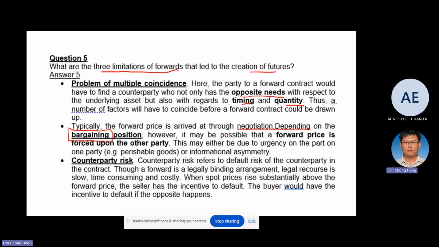You will think the price benefits the counterparty, not you. You will say, hey, the counterparty is so big, sure they have more bargaining power to determine the price. So in the end, you also will not sign the contract because you think the price does not benefit you.